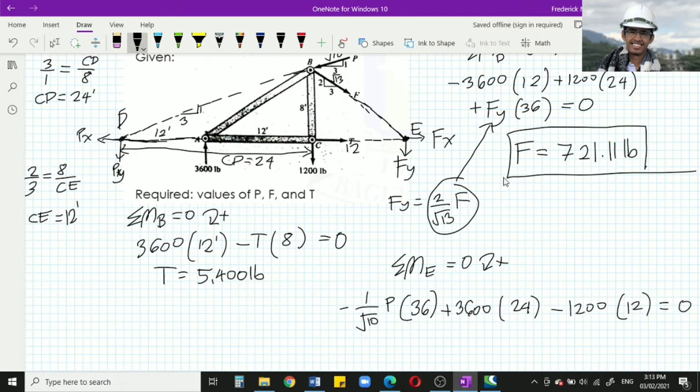So solving for P, makukuha natin yung P is equal to 6,324.656 pounds. Okay. Yan na yung ating force P.